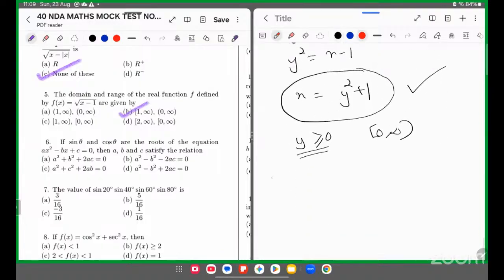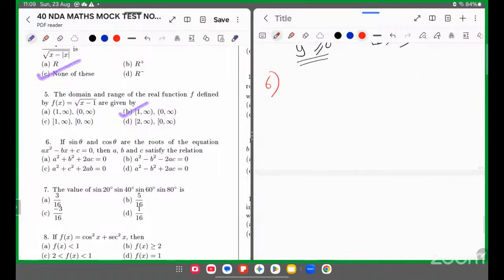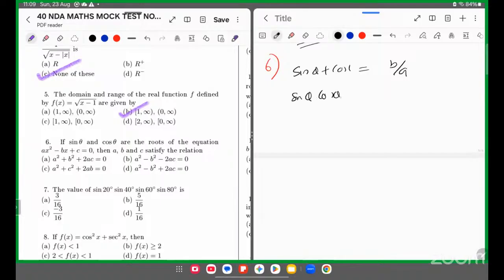Question number 6. If sin theta and cos theta are the roots of the equation and a, b, c satisfy the relation, so we can write sin theta plus cos theta is minus b by a, and sin theta cos theta is c by a.